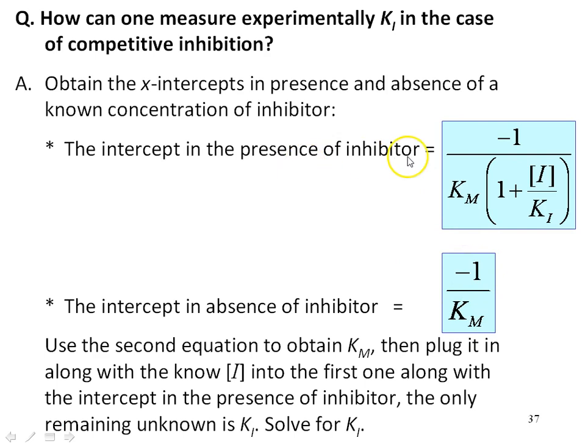And in the presence of the inhibitor, just like the previous numerical example has shown, you get -1 over the apparent Km, and from the ratio of the apparent Km to the Km and the known concentration of inhibitor that you put by your own hand, you can get the Ki. That's the basic idea.